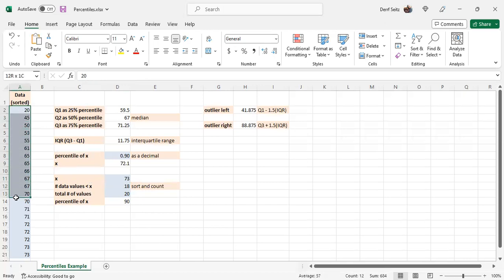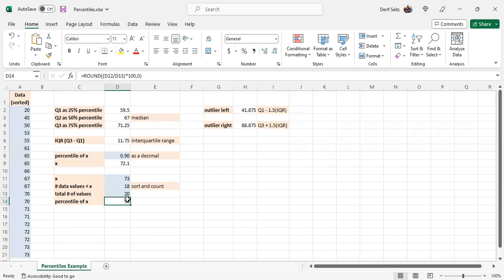Highlight the data below 73 right there, and look in the status bar over here. It tells you there are 18 things selected, and then you enter 18. So just sort and count to get that value to enter. And then the total number of values in the data set, you look there and see that there are 20.